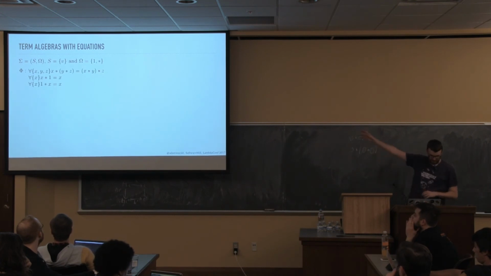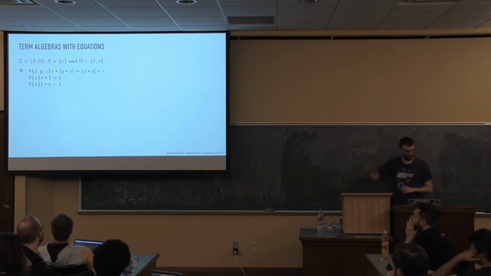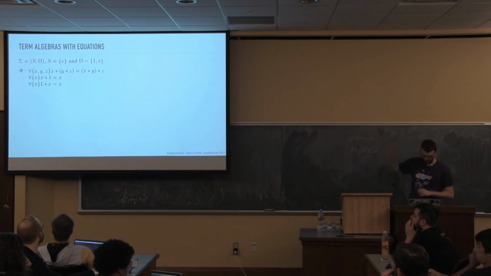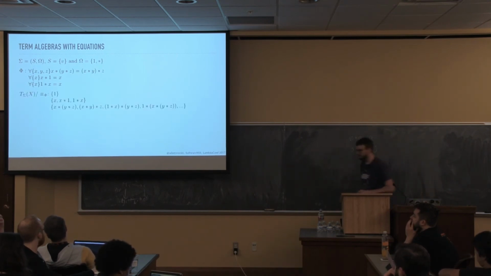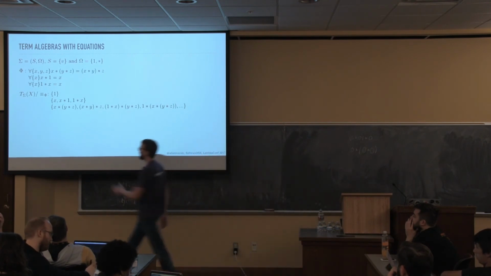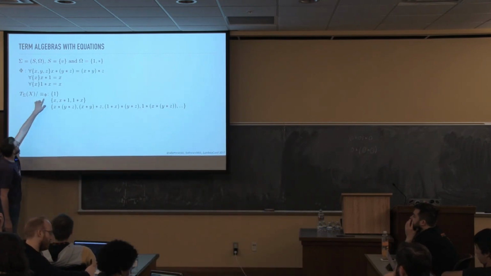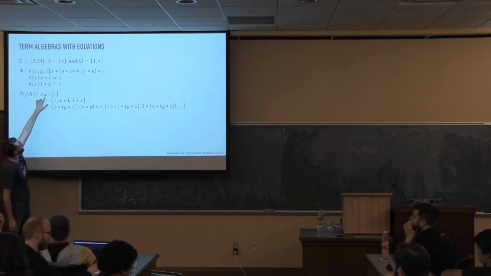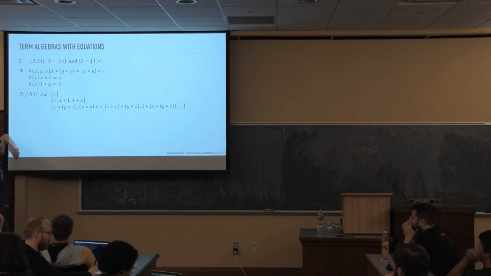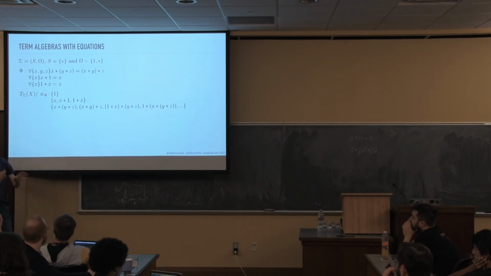So for example, we take the simple signature that we have seen before. We take the monoid equations, and now we define the quotient algebra, right? We divide our term algebra by the relation induced by the set of equations. So the elements of that algebra will be sets of terms. Okay, so they are like sets of equivalent terms.